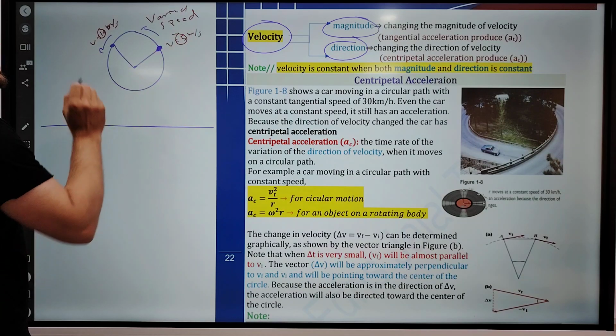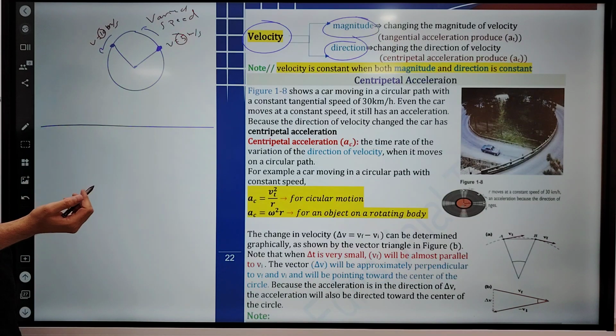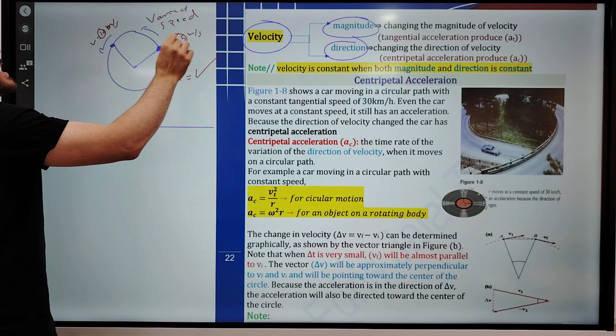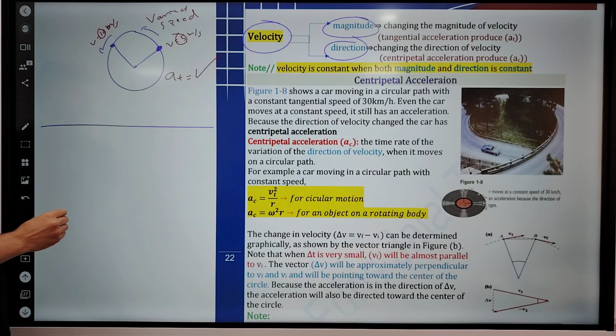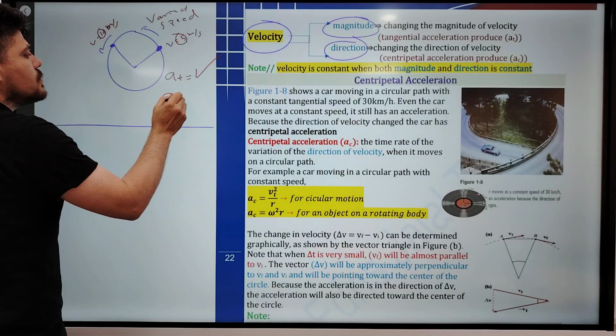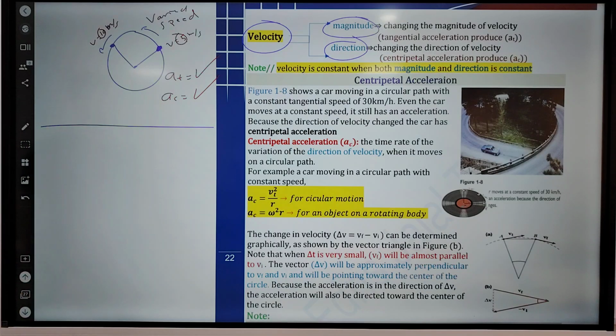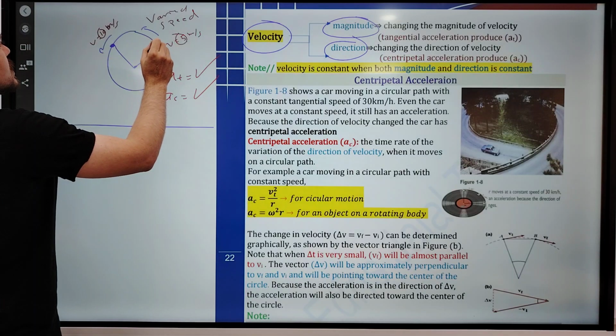So do we have tangential acceleration? Yes, we have tangential acceleration, because the magnitude of the velocity changes. Do we have centripetal acceleration? Yes, we have centripetal acceleration even at constant speed or in varied speed. Why? Because the direction of this object is changing.